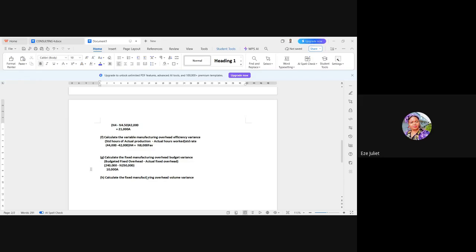So under the actual, in the table, I'm seeing the budgeted production 40,000, then the actual production 11,000. When I subtract it, I'm getting 29,000. That is not correct.